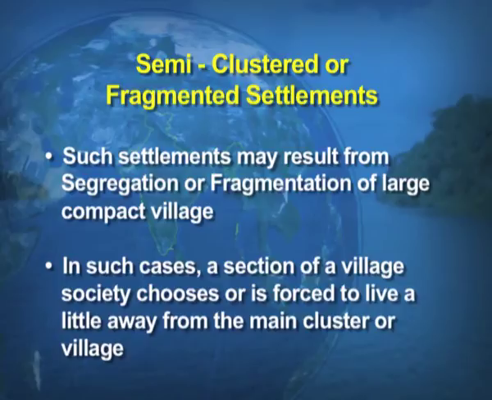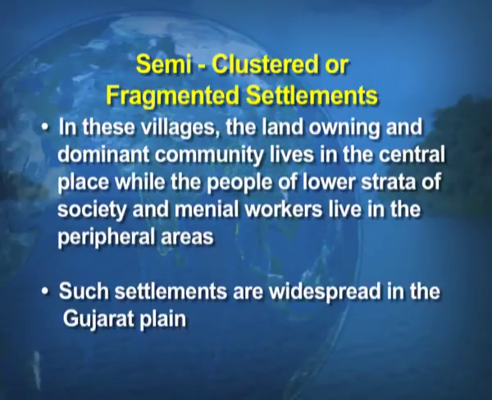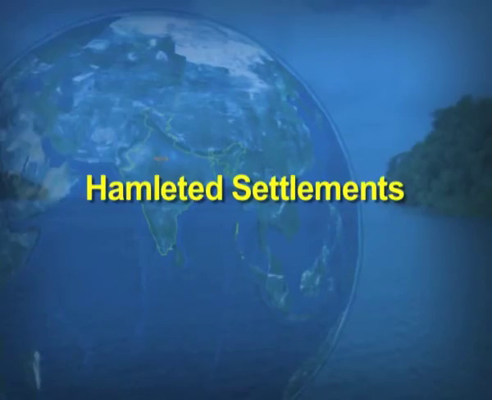So, this we have already discussed under social segregation. In these villages, the landowning and dominant community lives in the central place, and the other people who belong to the lower caste live in the peripheral areas, and such examples are very common in the plains of Gujarat.